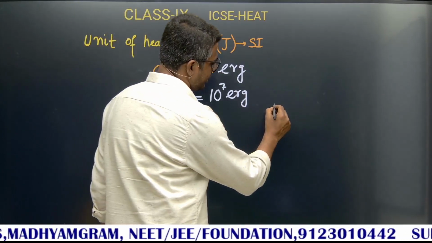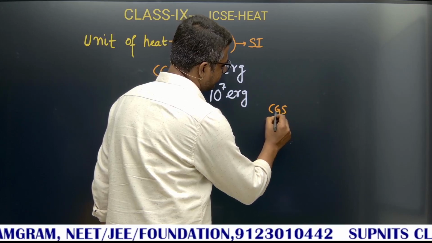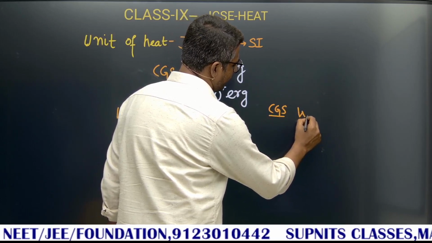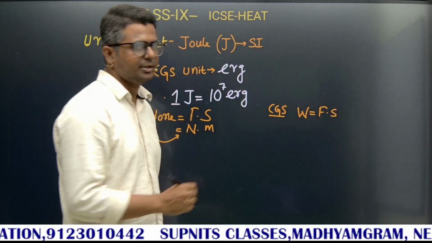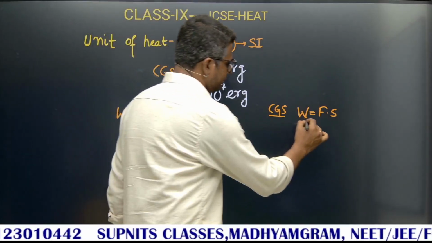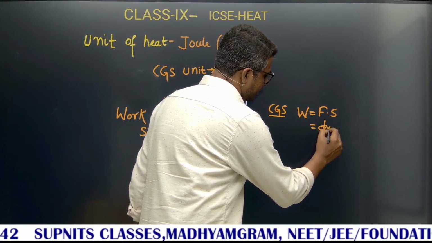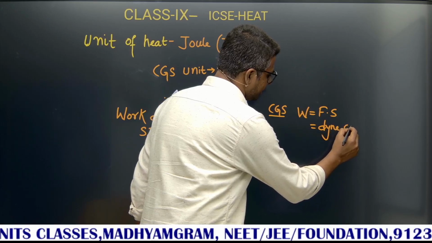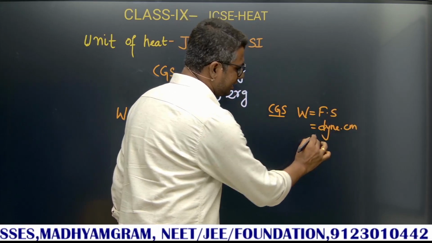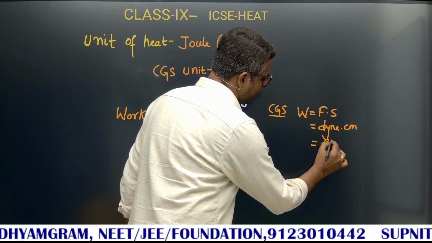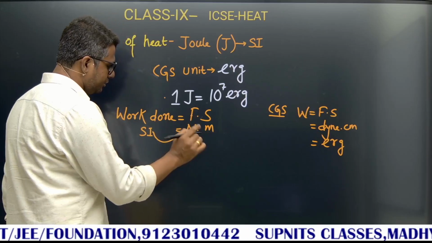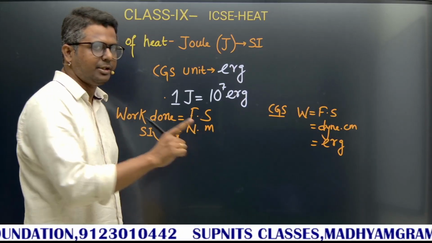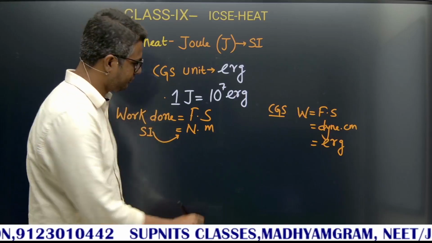So see, in the CGS system, work is equal to, everybody will say, F into S. Force unit is dyne and displacement is centimeter. Now this dyne centimeter is nothing but it is called erg. Now how am I going to convert this? See, this Newton meter is called joule.